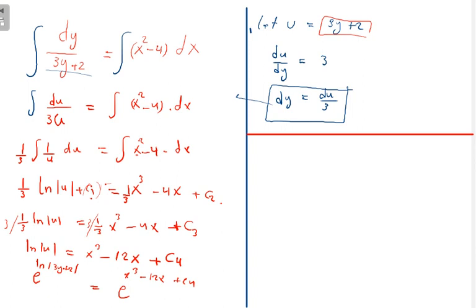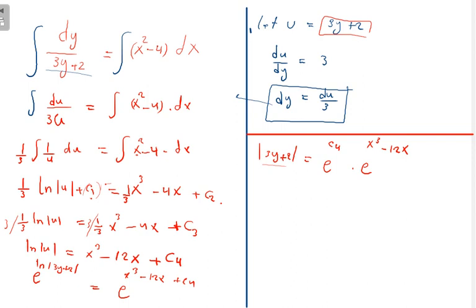Now the exponential of ln of any value equals the absolute value of it, so the absolute value of 3y plus 2 now equals exponential c4 multiplied by exponential x cubed minus 12x.